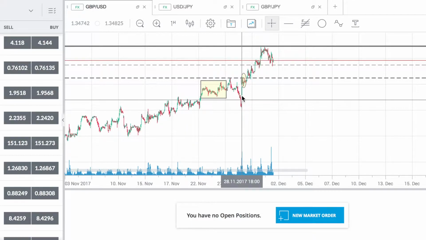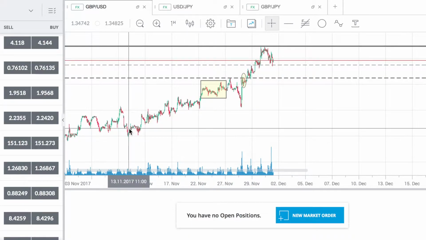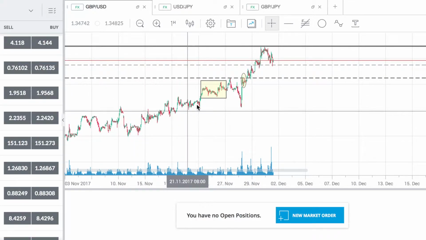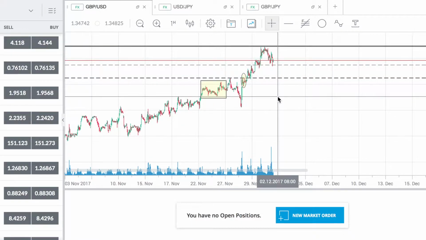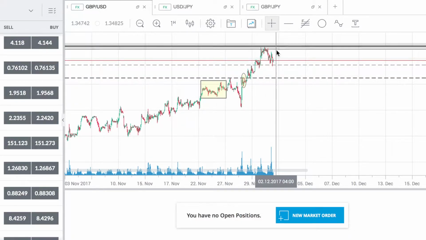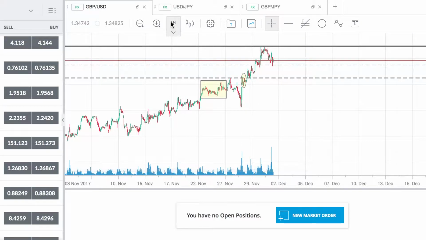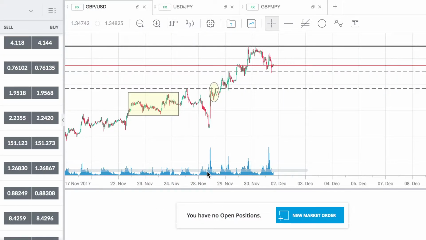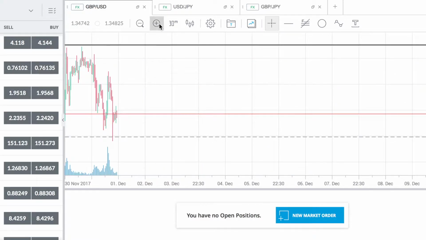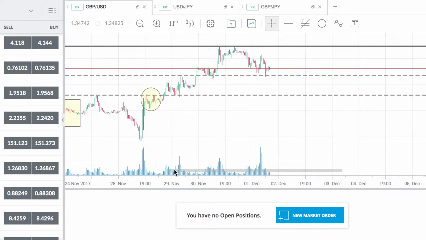Okay, so that's the breakdown, breakout. But you can see here that it's still on an upward trend. So in my opinion, this is going to be going up more on pound dollar. It may pull back a little bit first, but we've got our levels here.